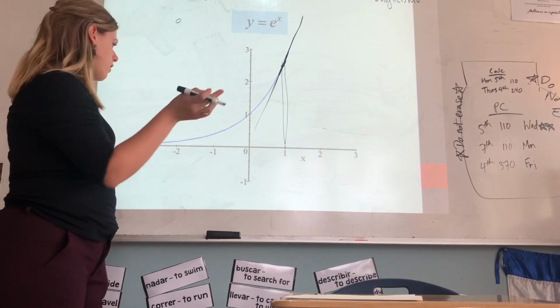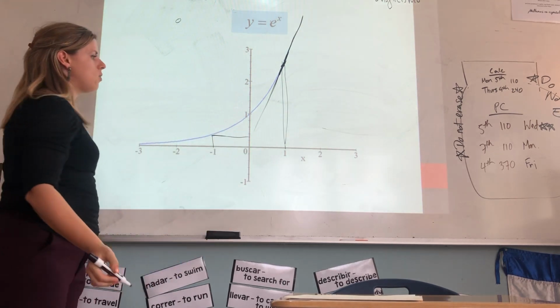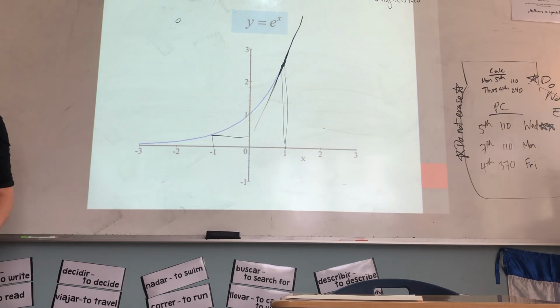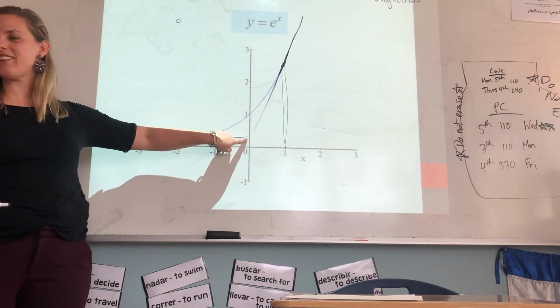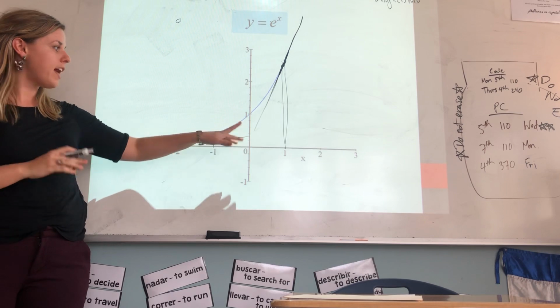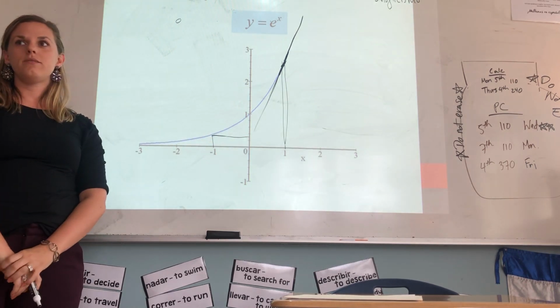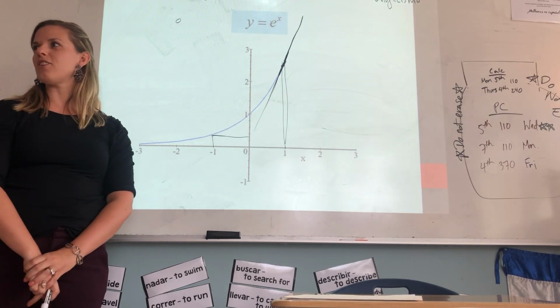Okay, let's do over here. Let's choose negative 1. What would you say the y value is at negative 1? If you were to estimate that, what would you say? Not 0.5, that's a little off.